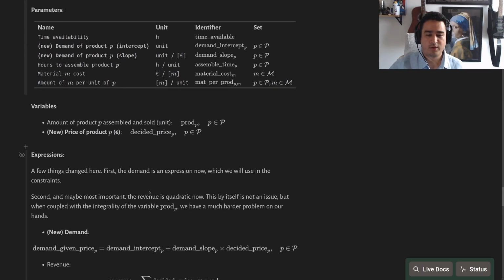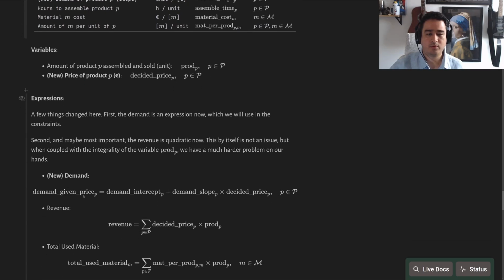and that's going to change things a lot. So first we have a new expression, which is going to be the demand. So the demand given a price, I'm being explicit here to differentiate from our other demand. So the demand given price is the demand intercept plus the demand slope times the decided price. So demand given price is an expression that depends on the variable decided price.